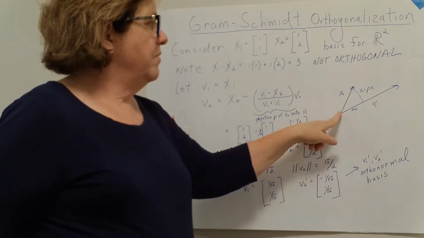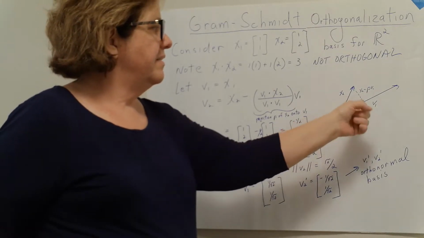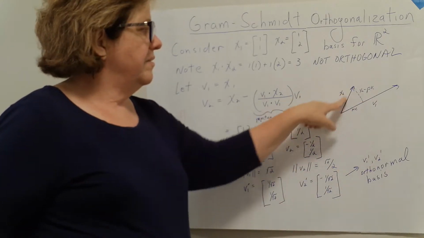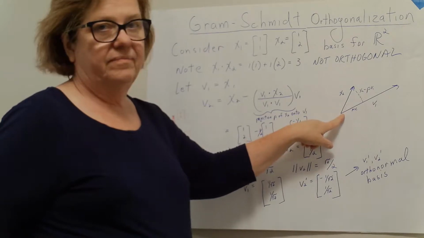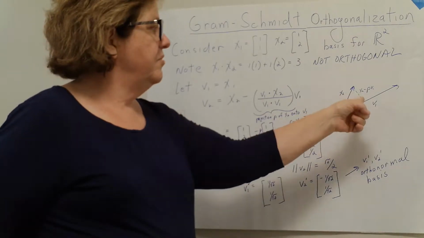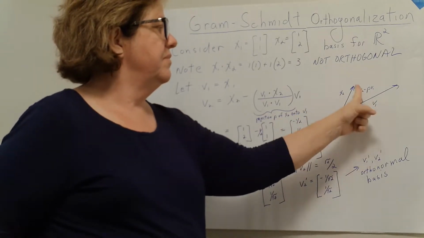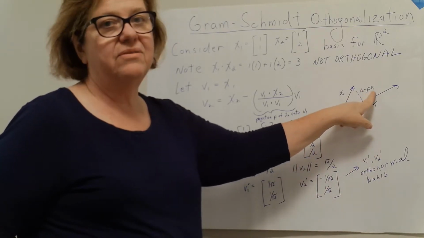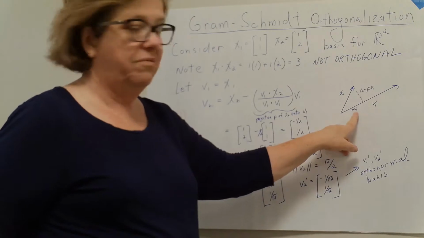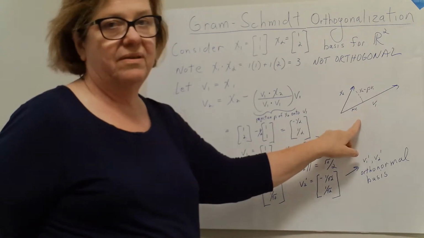So what we're going to do is get the projection of x2 onto v1, and what we want to use for v2 is this vector that consists of x2 minus pv1. pv1 is the projection onto v1.